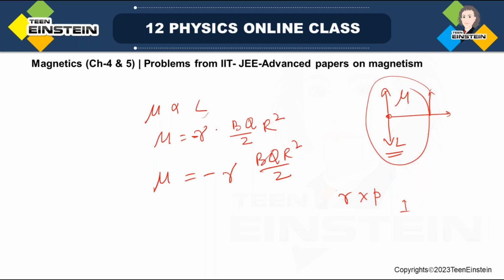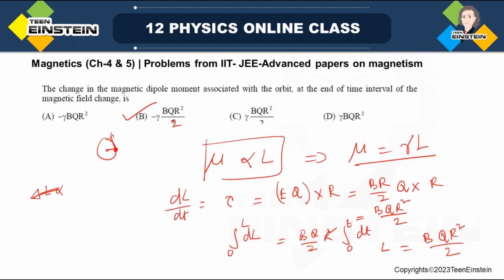It is not mentioned what the charge is, it is a positive charge, and whether it is anticlockwise or clockwise is not mentioned. But anyway, we know the magnetic moment and angular momentum will be opposite to each other, so that's how a minus sign comes. So option B will be the correct answer for this question.